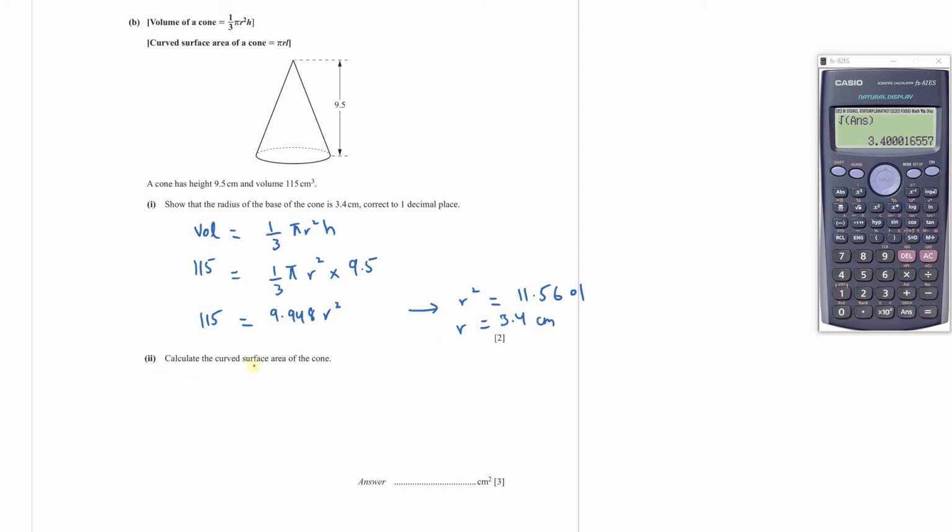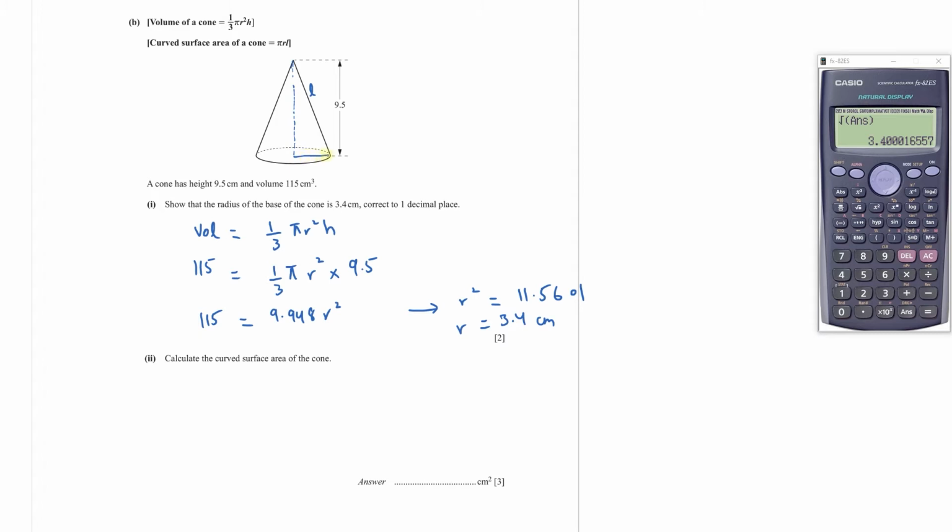Calculate the curved surface area of the cone. So the curved surface area is pi r L. You know the value of the radius is 3.4. L is unknown. L is this slanting height, this one. So we need to find this first. If I draw a straight line down the middle of the cone, I will end up here.